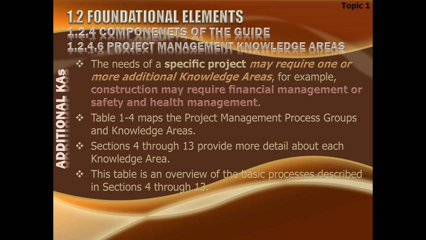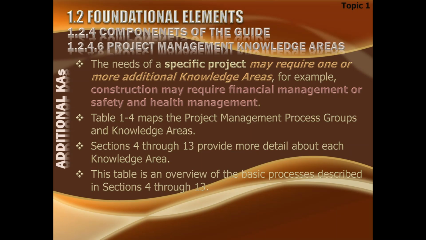So in addition to these 10 knowledge areas, in construction, you remember I told you about the construction extension to PMBOK, okay? So that talks about 2 additional knowledge areas in construction: financial management and safety and health management. So, different industries could have different needs, but the standard knowledge areas are 10.